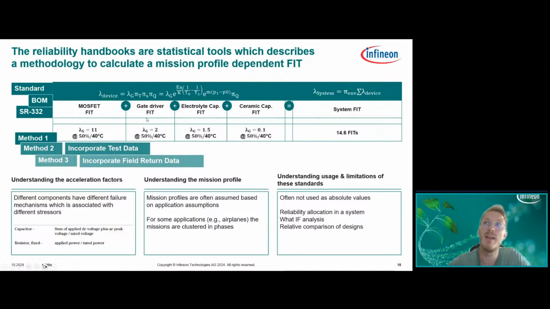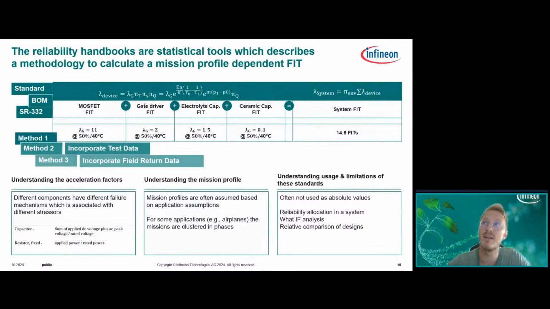Now by adding up the individual failure rates of the components in your design, you can calculate the failure rate of the overarching system. And here it's really important to understand the acceleration factors. Each and every component has a thermal acceleration and an electrical acceleration factor.